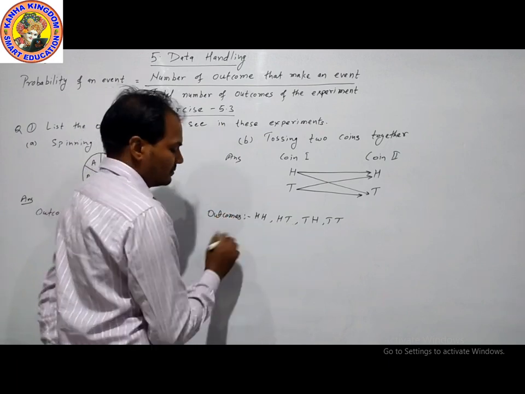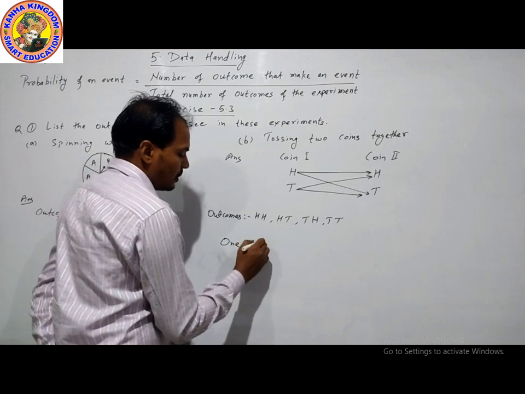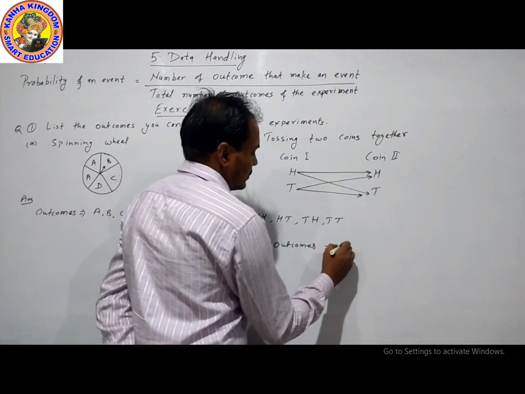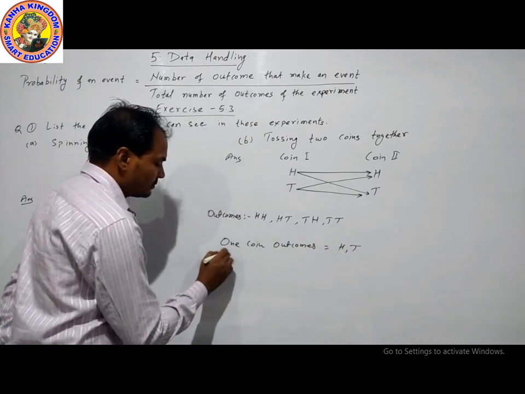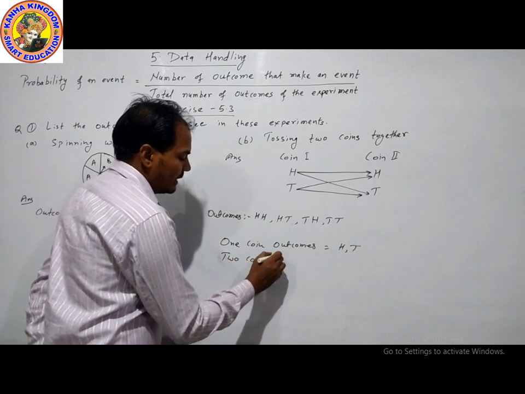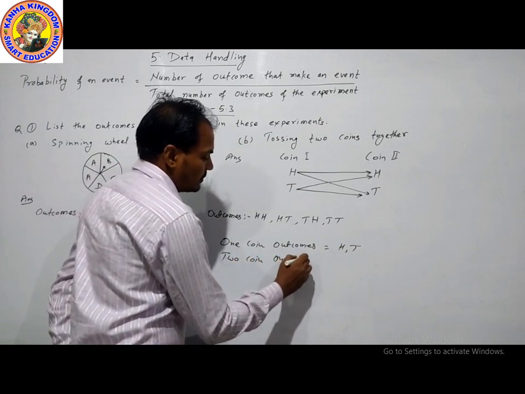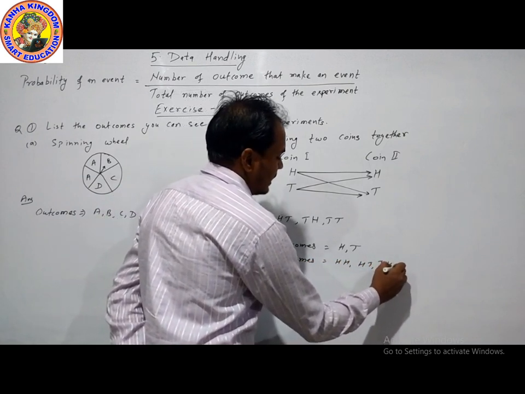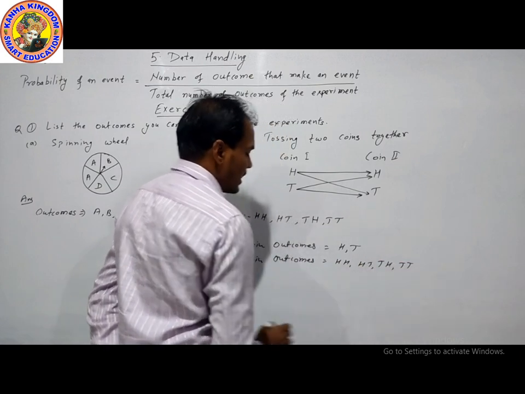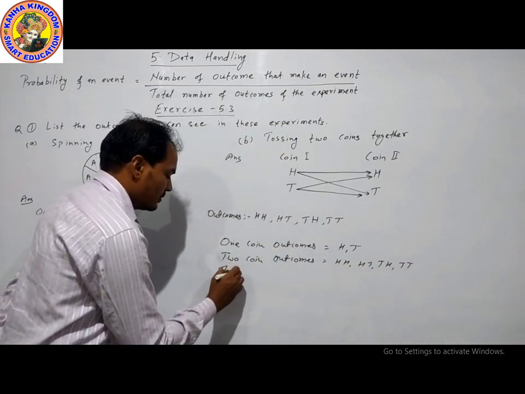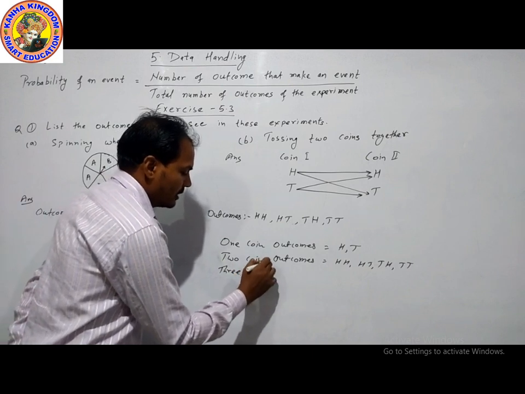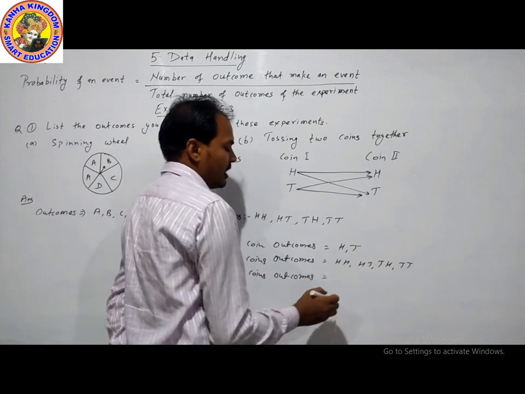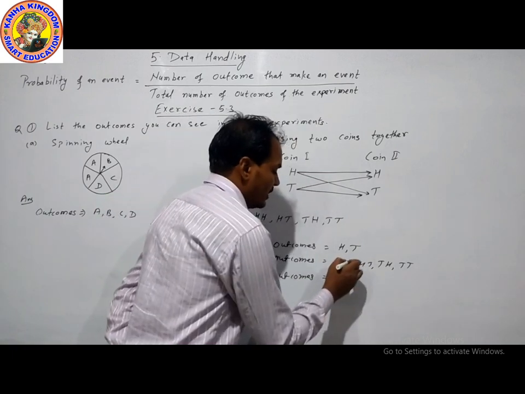So remember this. One coin outcomes: head and tail. Two coin outcomes: head head, head tail, tail head and tail tail. Three coins outcomes: if we toss three coins, the results are triples.